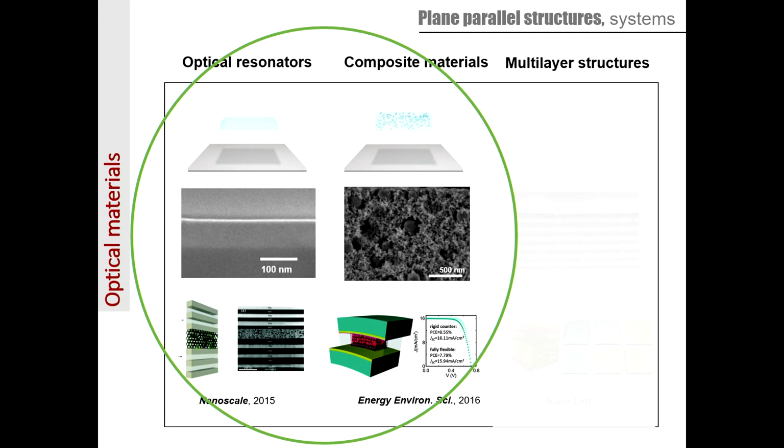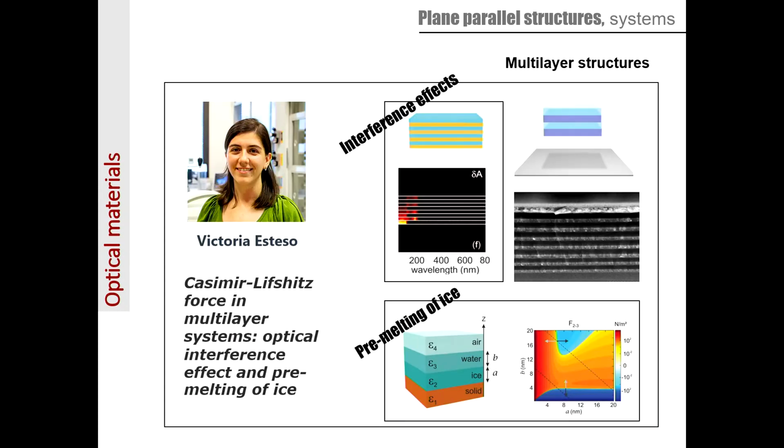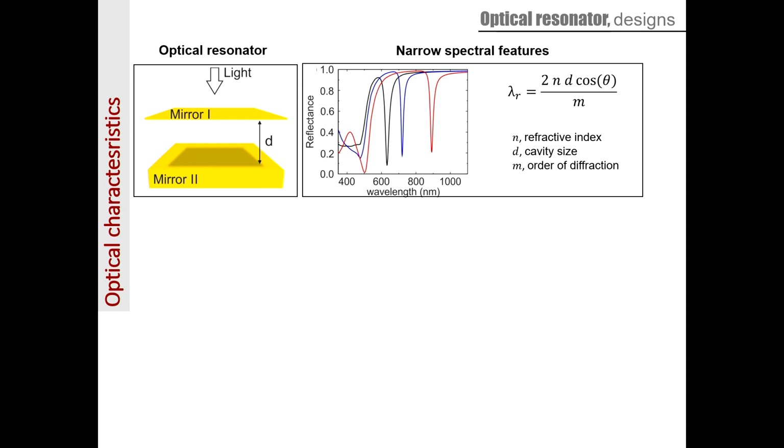So I'm going to focus here on these two groups, and then Victoria in the audience will tell you some results on multi-layer structures. As I said before, in terms of the optical resonator, we are going to have two mirrors that can trap light inside it. And in our scheme, this mirror is going to be levitating under the action of repulsive Casimir forces.